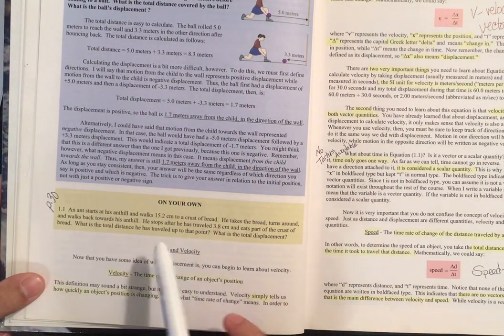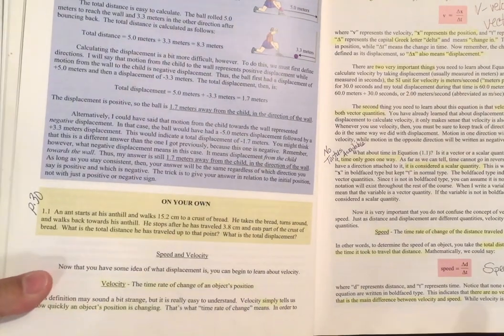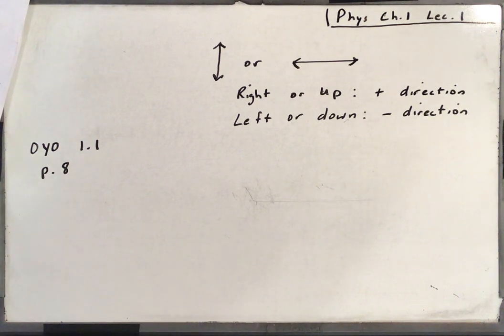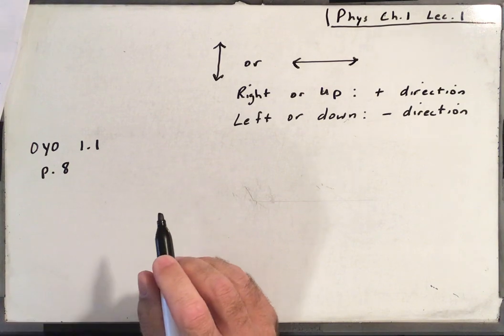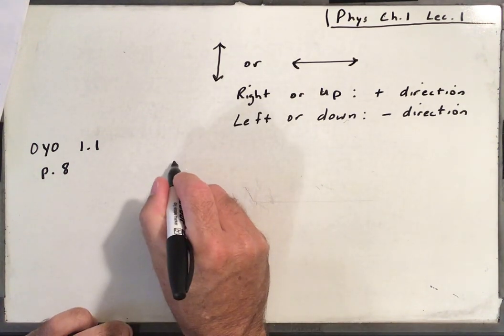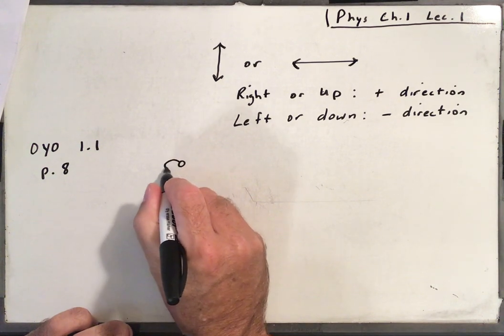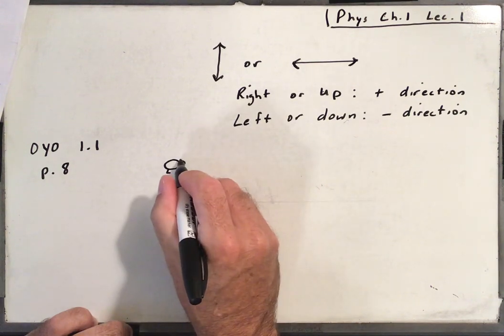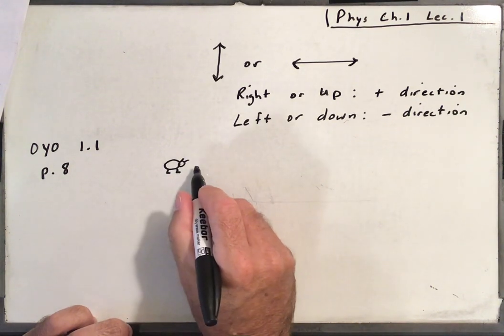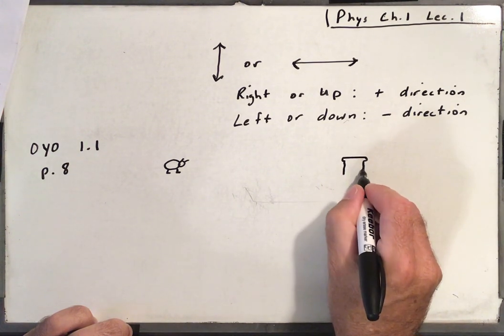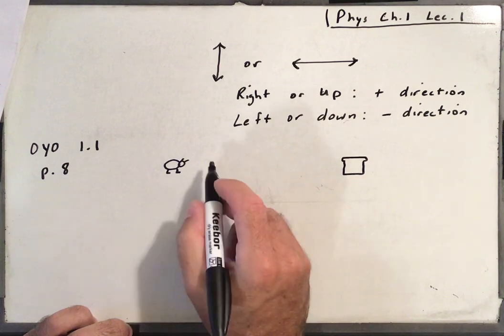All right, so distance and displacement, two different things. They can be two different numbers, and they can be the same. It depends. All right, so let's draw this out. The ant walks, so we've got an ant. I'll do some terrible art here. All right, I know they have a lot more legs than that. And he walks to a crust of bread, so I'll have this miraculously standing on its end.